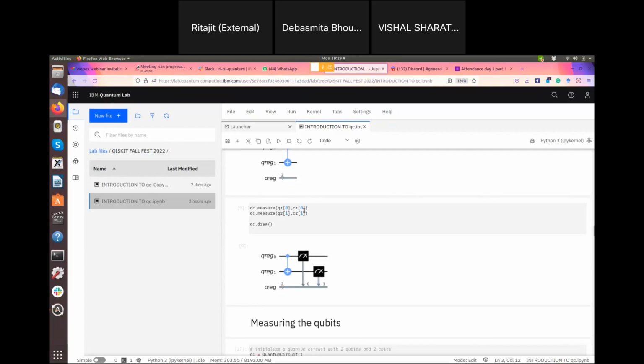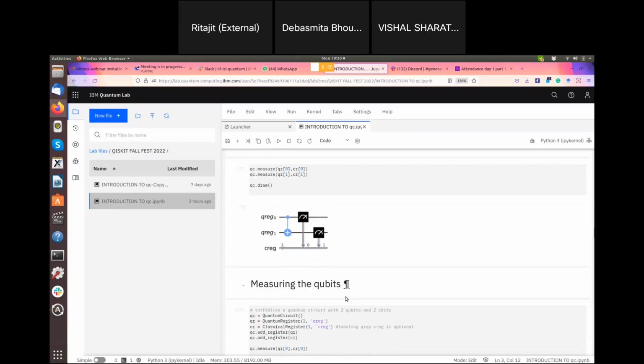So you need one classical bit also. So here 0. And for the other quantum bit, you will also measure using another classical register, and then you draw. The outcome of the qubits, what will happen, we will see in the next cell.